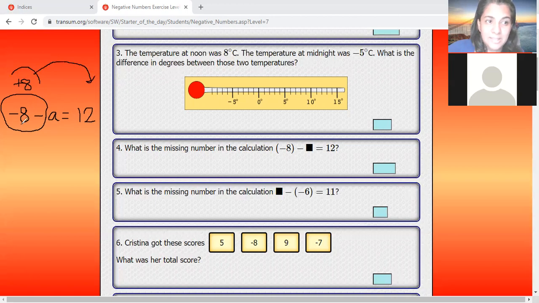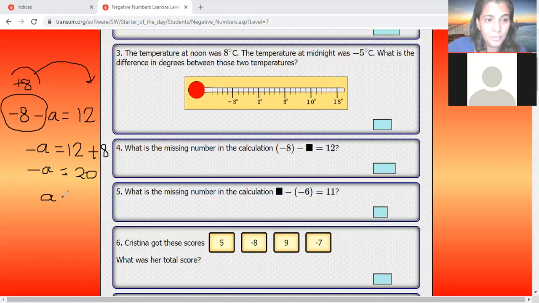So I'm left with -A equals, on the right side of the equation, I have my 12. And since I added 8 to make the -8 disappear, I have to repeat that same thing on the other side. So -A is 12 plus 8, 20.